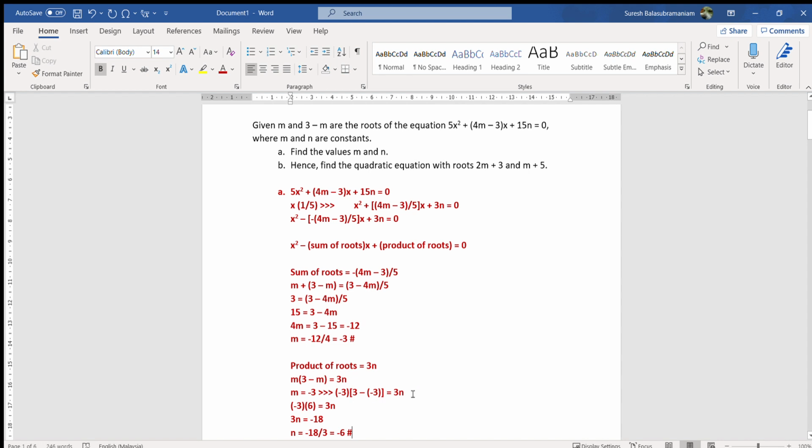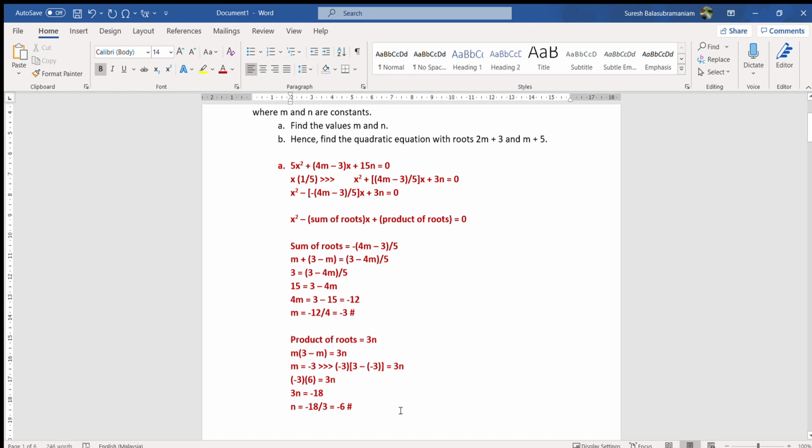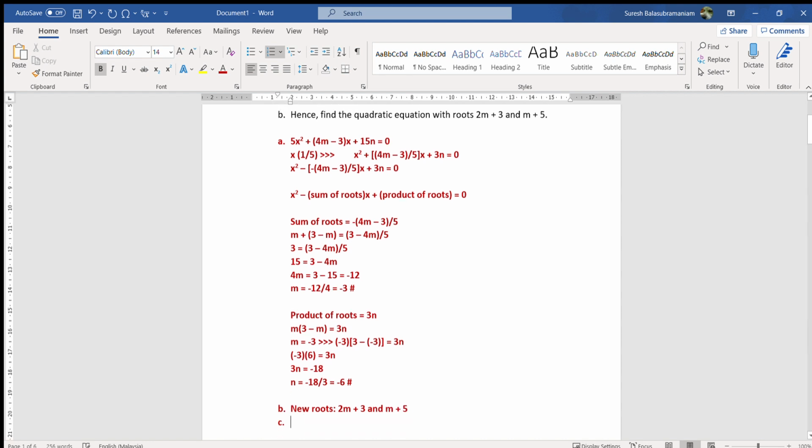Now I move to question B. Question B says, hence find the quadratic equation with the roots 2m plus 3 and m plus 5. So that's our new roots.